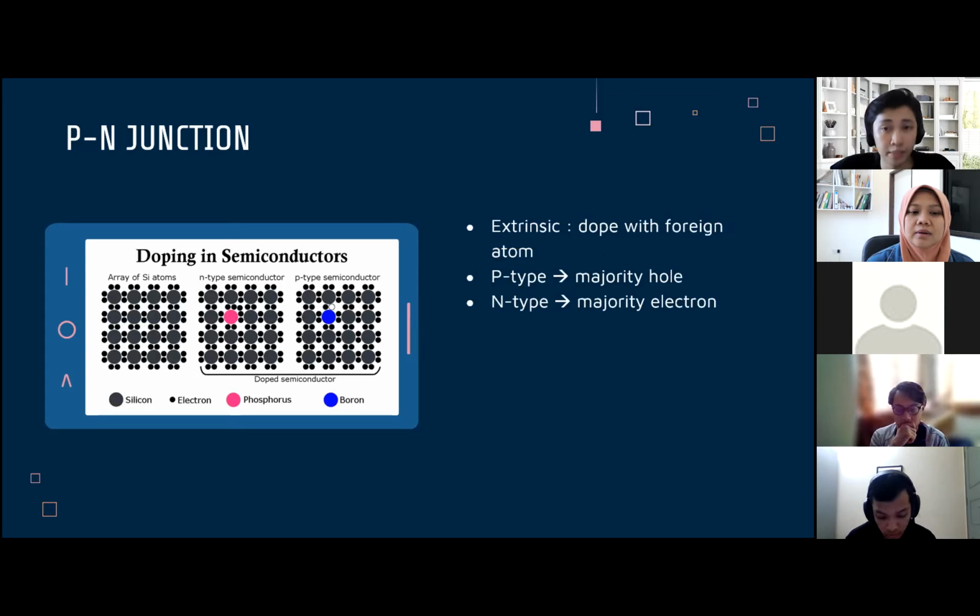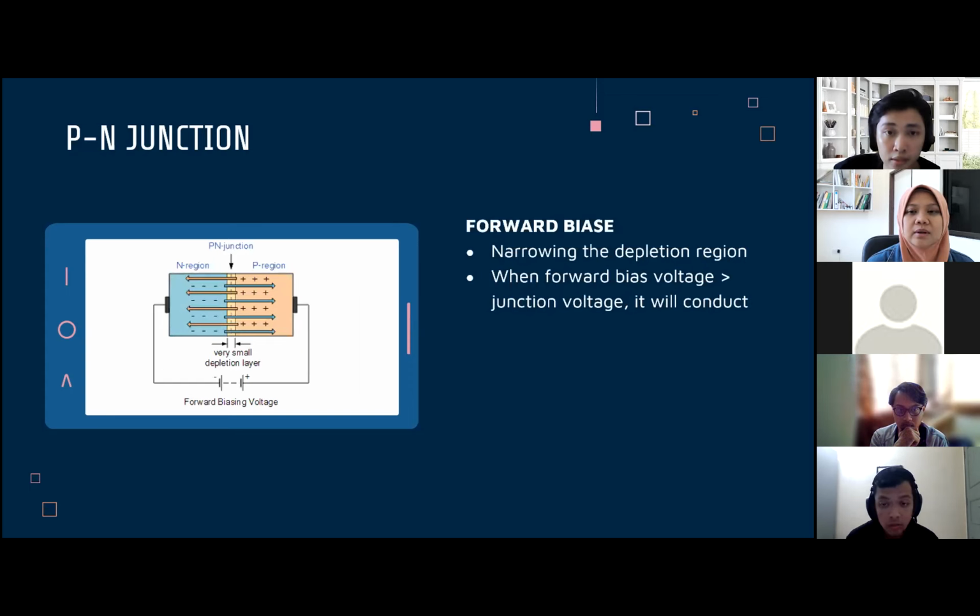Regarding P type and N type, P type is a material with majority holes and N type with majority electrons. It is extrinsic. Skip this one because we already know this. Okay.